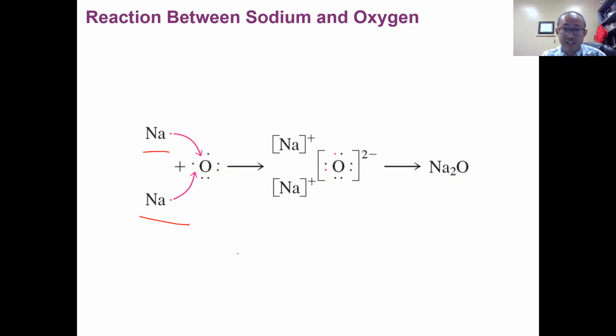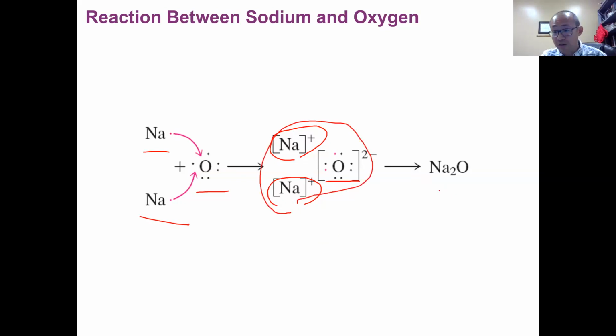Each sodium has 1 valence electron, and again, oxygen has 6. So each sodium gives 1 electron to the oxygen. Sodium becomes sodium plus, sodium becomes sodium plus. And oxygen, of course, after gaining these 2 electrons, oxygen becomes 2 minus, because you gain 2 electrons, 1 from each sodium. So that's the ions after gaining and losing.